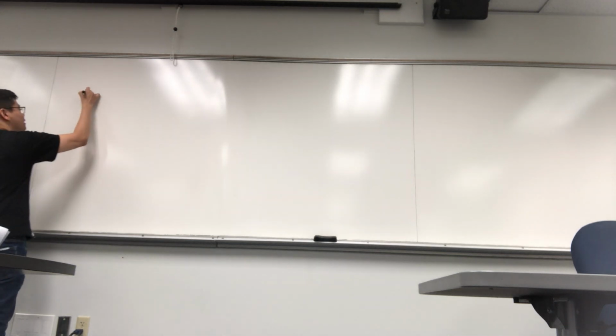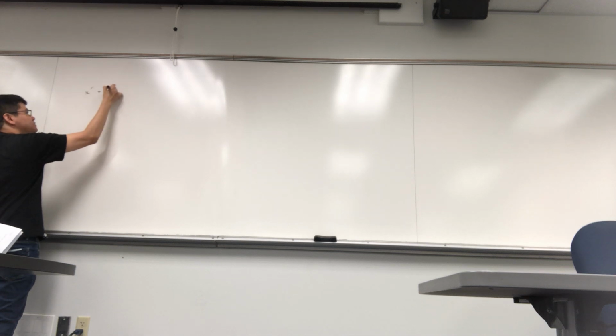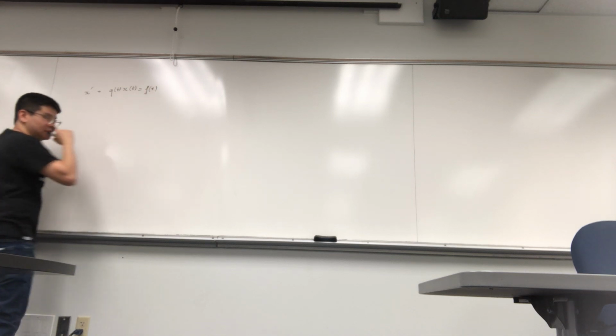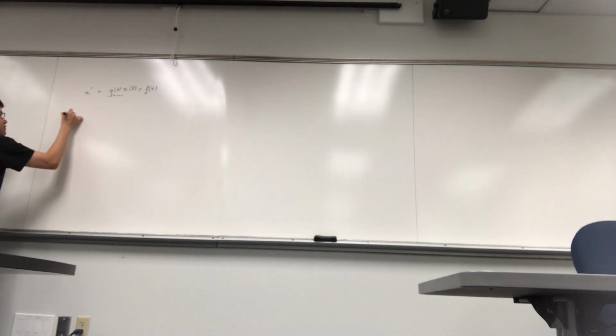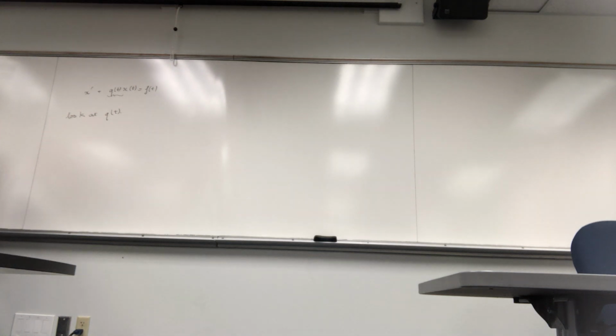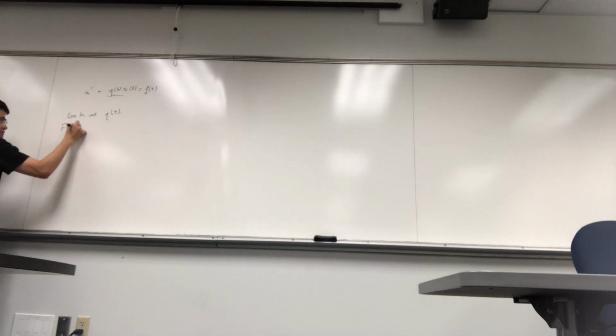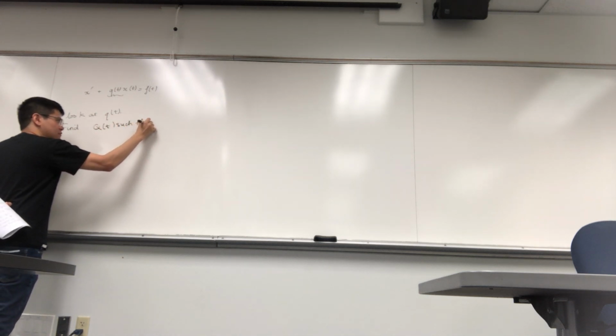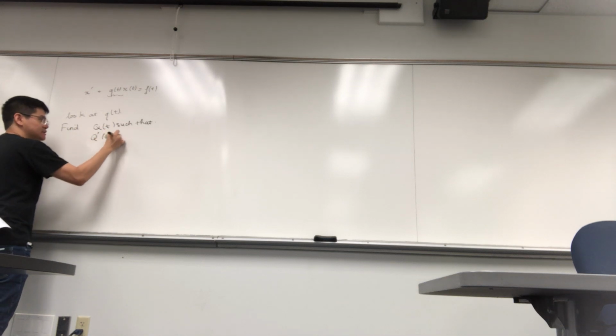Let me remind you how to solve a differential equation using the integrating factor. Suppose that you want to solve x prime of t plus q(t) x(t) is equal to f(t). First you have to look at q(t), and find a function capital Q(t) such that Q prime of t is equal to q(t).